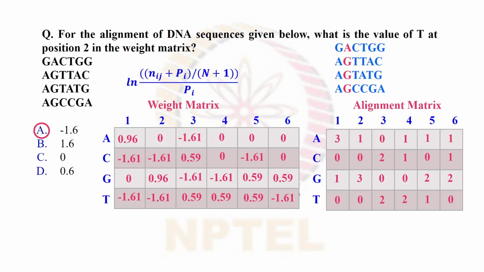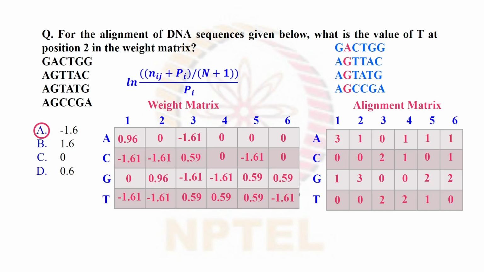Sir, for this question, can we straight away do the calculation for that A, G, G, correct? Yeah. So straight away, T is 0, so 0 plus 0.25 divided by 5 into 0.25, which is equal to 1 by 5, log of 1 by 5.